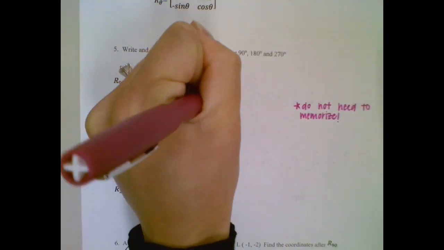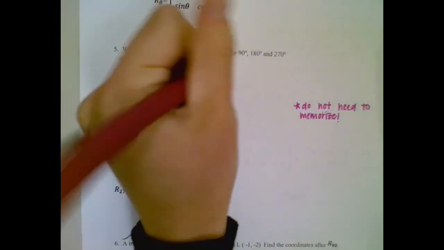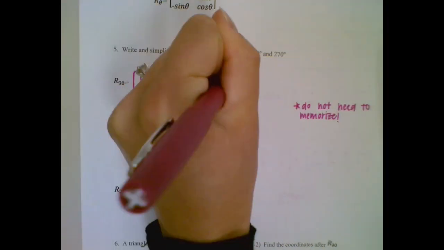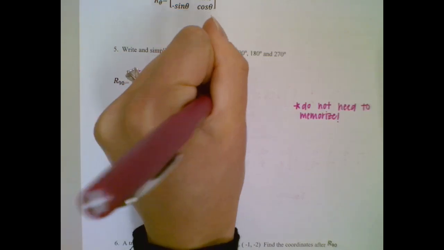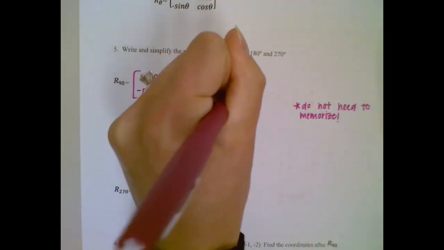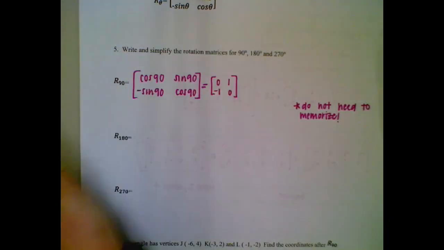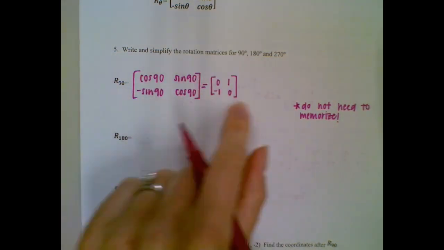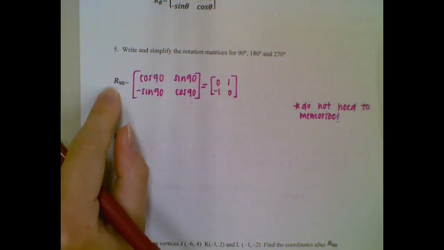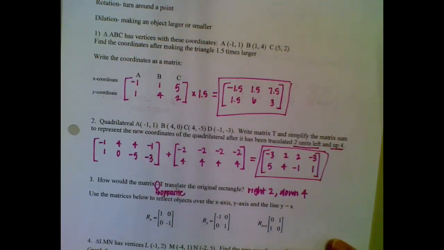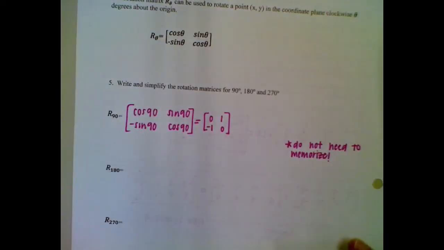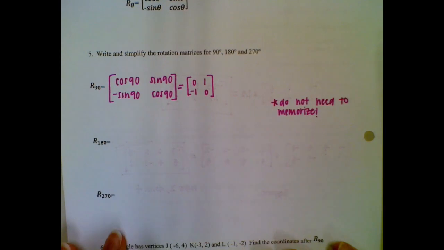Let's think back. We should know this by now. Cosine 90 is 0. Sine of 90 is 1. Sine of 90 is 1. Multiply that by negative, you get negative 1. And we already said cosine of 90 was 0. So this is the rotation matrix if you're rotating by 90 degrees. Okay. Kind of like what we did over here with the reflections, same idea, it's just you have a different matrix set up for rotations now, okay?